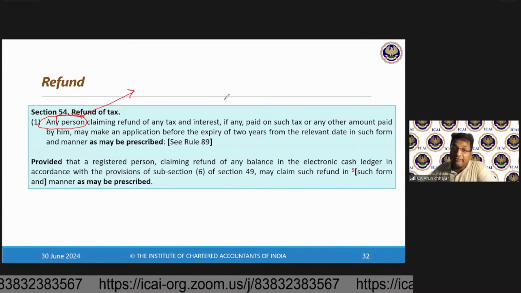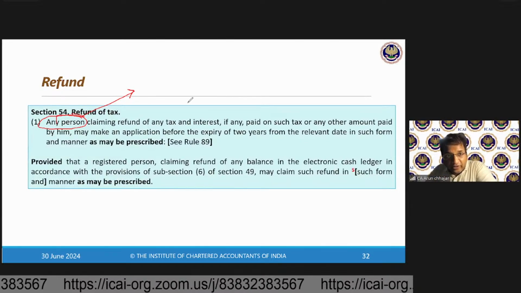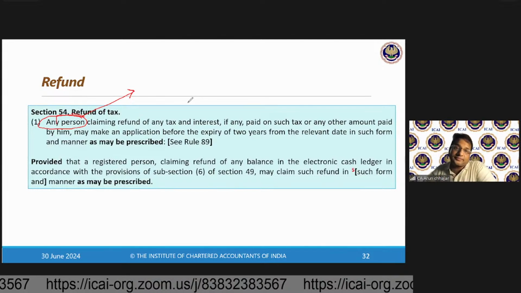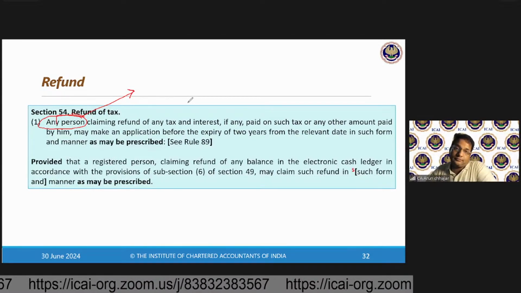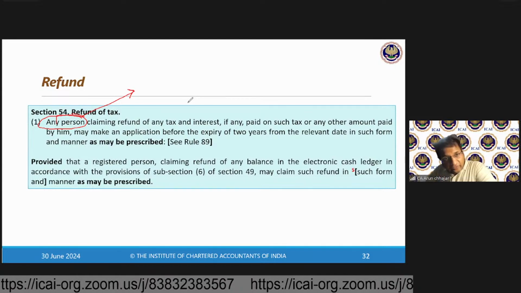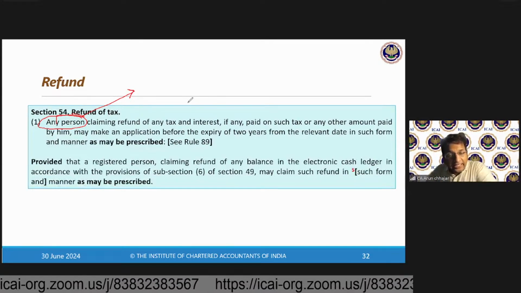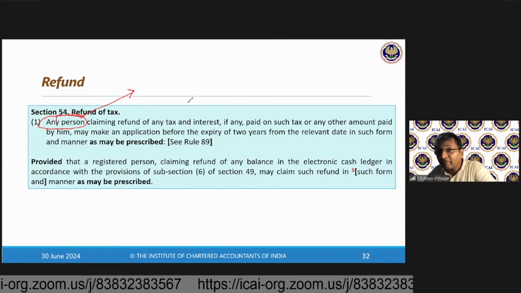Whether an unregistered person is entitled to take the refund? As per 54(1), there is no restriction. If I have borne the incidence of the tax, then I can also go for the refund even if I'm not registered.